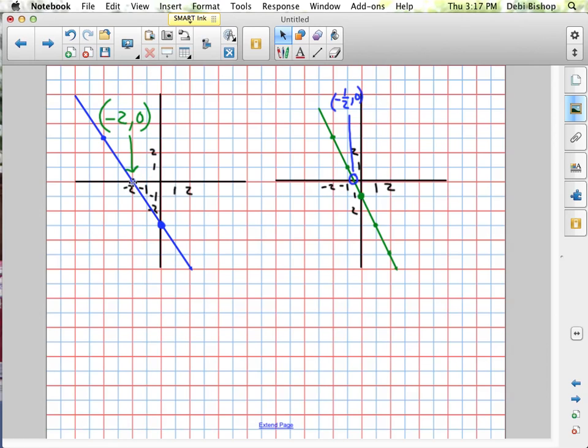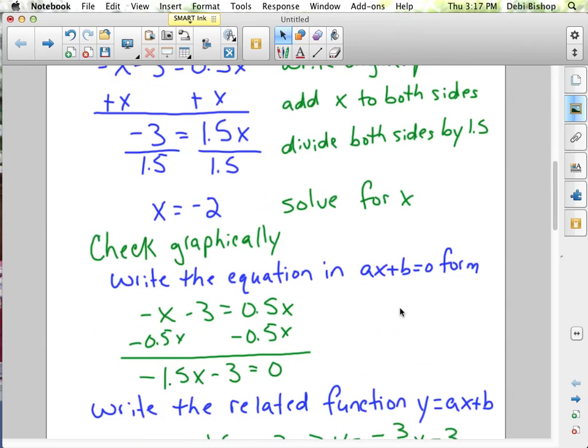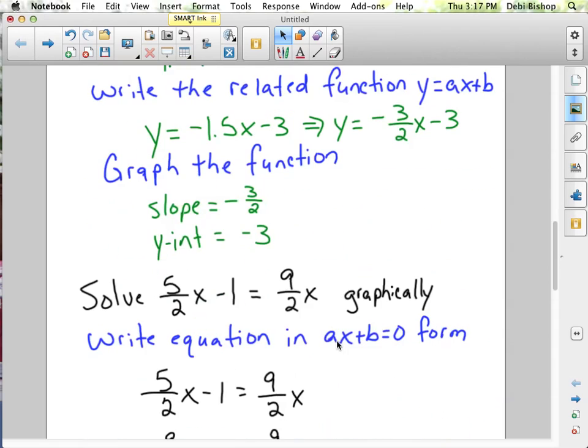If I wanted to, I would do another one, up 3 over 2. And you can see right here, I find my x-intercept as negative 2, 0. So my x-intercept is negative 2, and that's what we found in the first place. So here, x equals negative 2. That is true. Let's do another one.